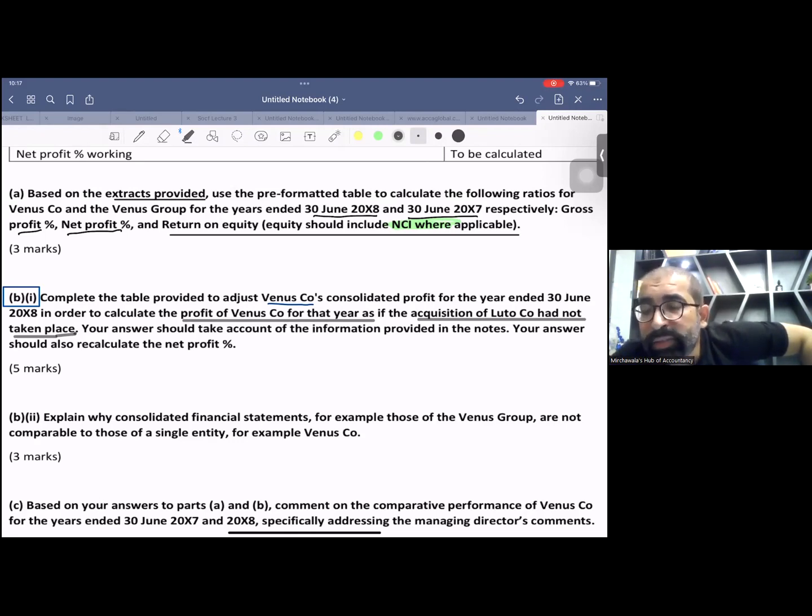Fair value adjustment depreciation is also a consolidation-related expense. Subsidiary company's profit is also consolidation-related, because in the last you added S company for the last 6 months, my dear student. So you need to remove S company's profit for the last 6 months.